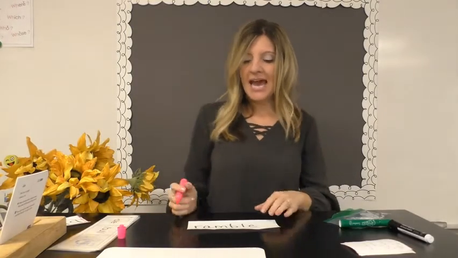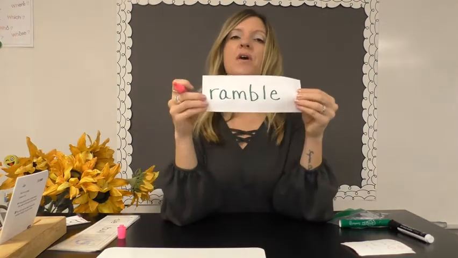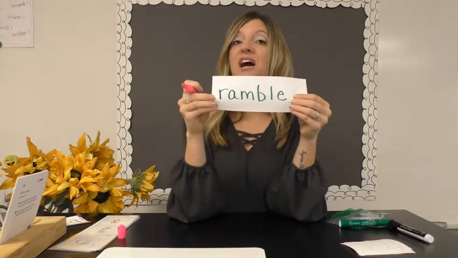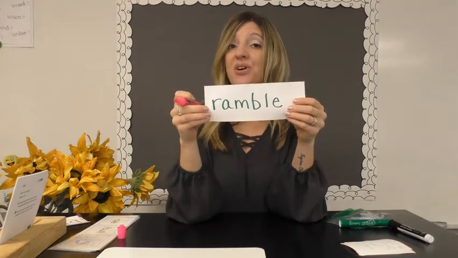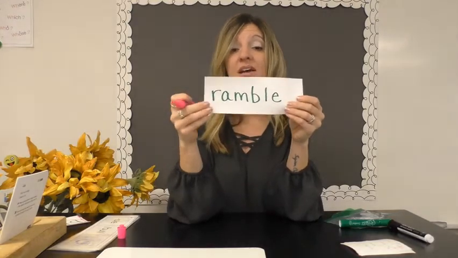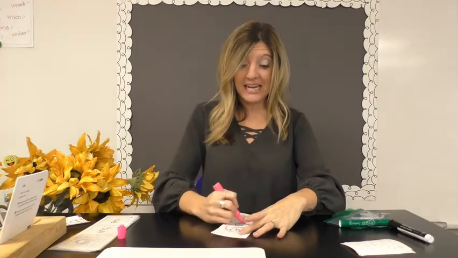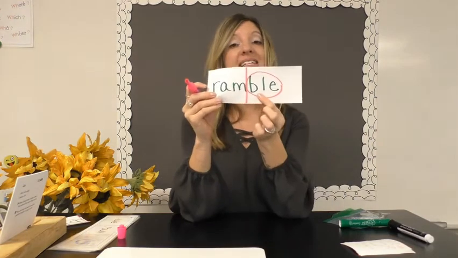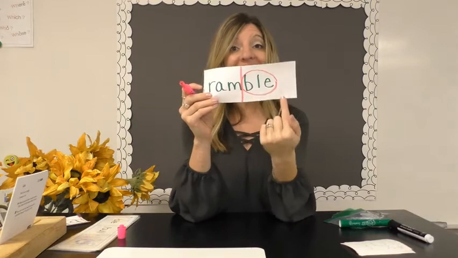Okay, there's one kind of tricky part to this, and this is a word where I would not look for the doubled consonant. I would just look for any other keeper consonant. So I do the same thing, and I recognize BLE is a stable syllable. It's a consonant LE. It's an automatic syllable.